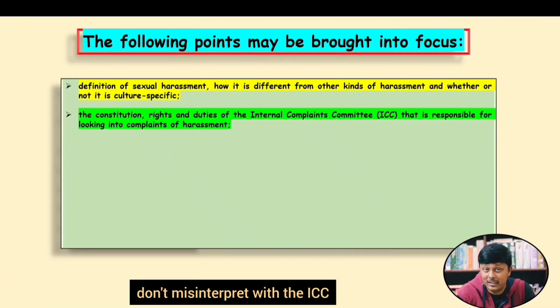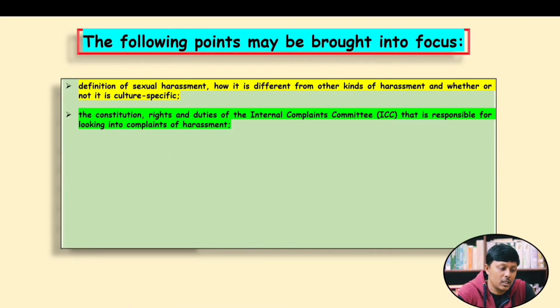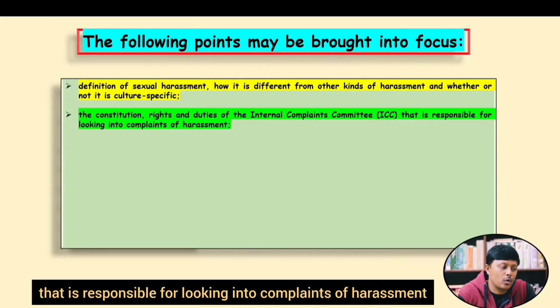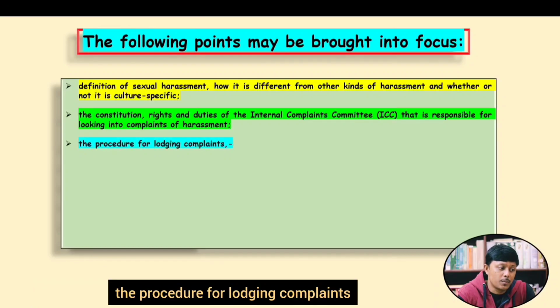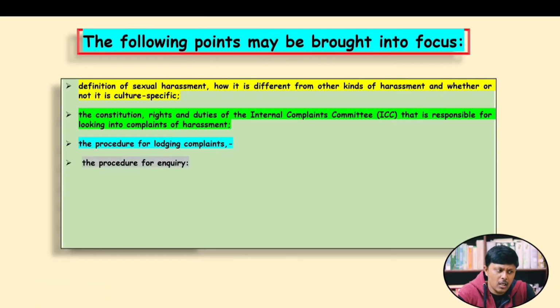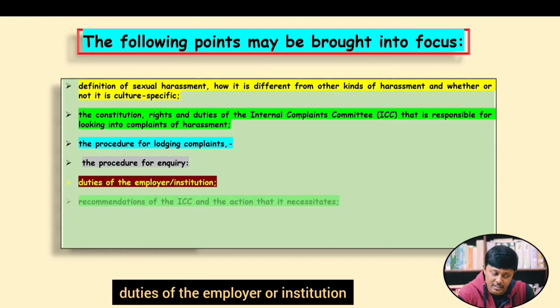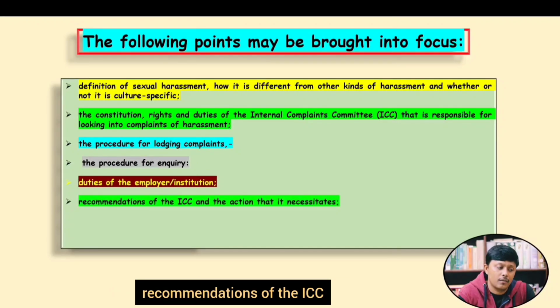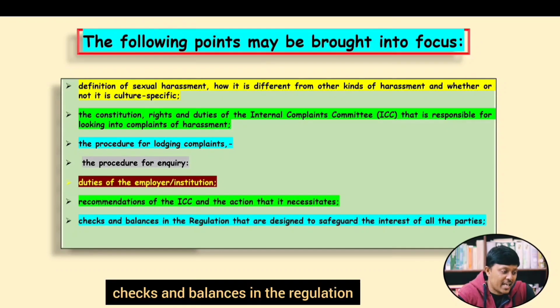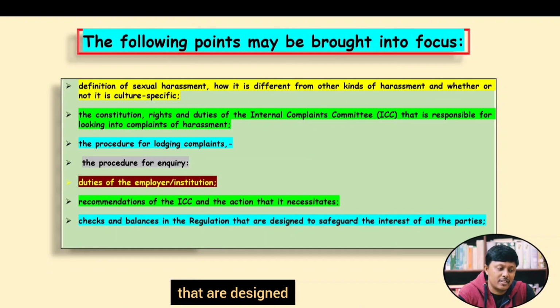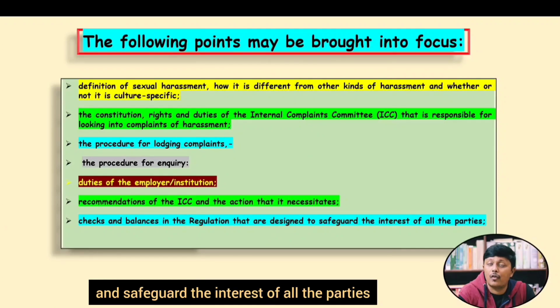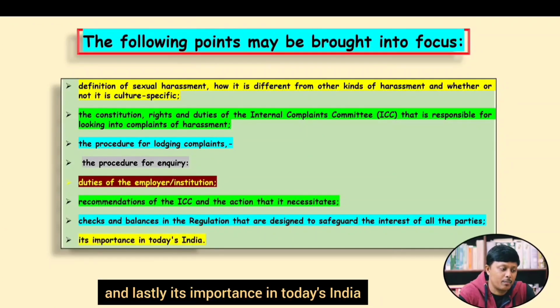Don't confuse it with the ICC, the cricket board. It is responsible for looking into complaints of harassment, the procedure for lodging complaints, the procedure for inquiry, duties of the employer or institution, recommendations of the ICC and the action that it necessitates, checks and balances in the regulation that are designed to safeguard the interest of all the parties. And lastly, its importance in today's India.